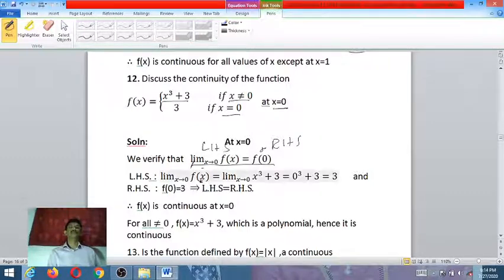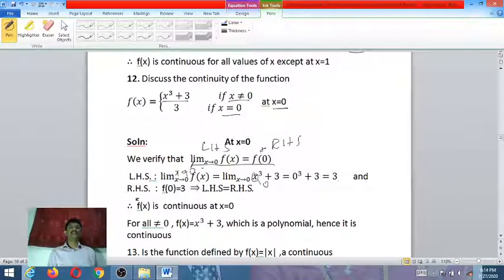Let us take the left hand side now. x tends to 0. Always remember, in this case x tends to 0 means x not equal to 0. x not equal to 0 means the f of x value is x cube plus 3. So in its place it is x cube plus 3. What is the limit of x cube plus 3? It is an attainable limit. You put the value x equal to 0: 0 plus 3, that is equal to 3.